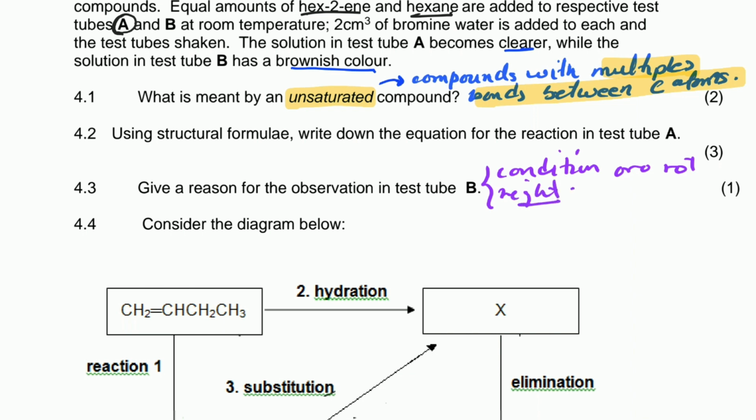What conditions are we talking about, just to recall here? We need sunlight. We need low heat. We need sunlight for this reaction to occur. So maybe it was not in the sun.